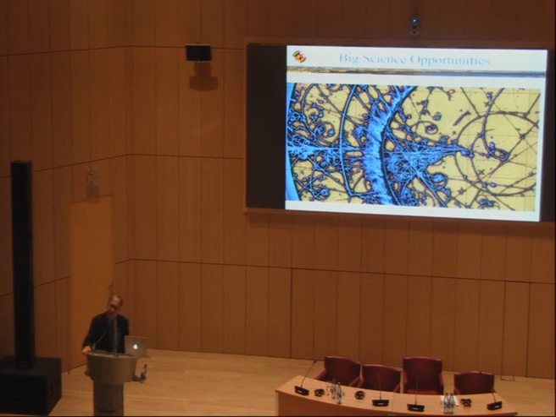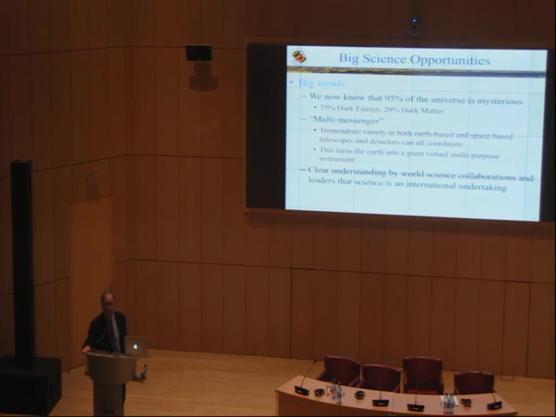Now I'd like to talk a little bit about big science opportunities. There are big trends in science. We now know that 95% of the universe is mysterious, and we know about multi-messenger science. Tremendous variety in both Earth-based and orbital-based telescopes and detectors.